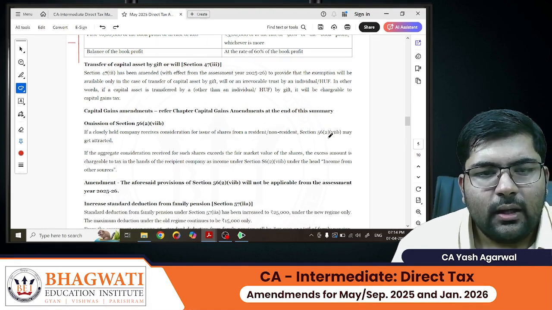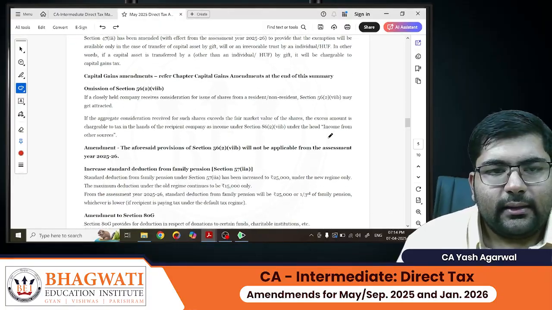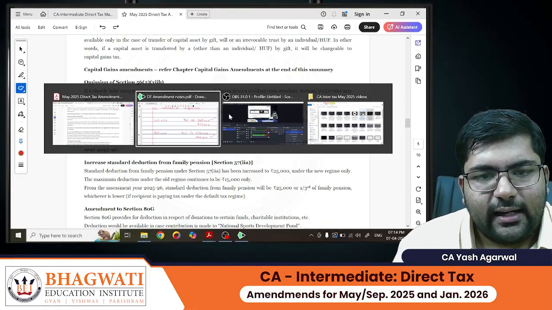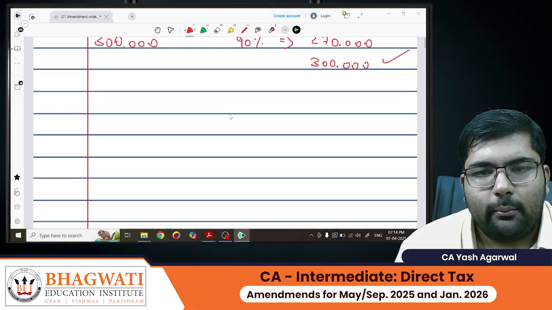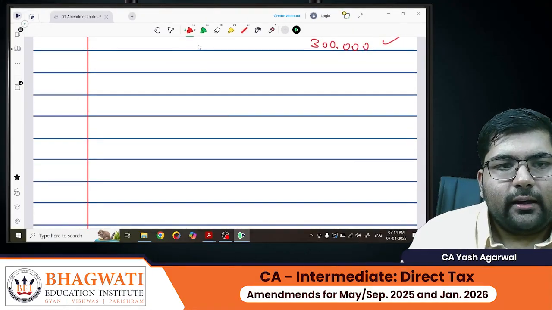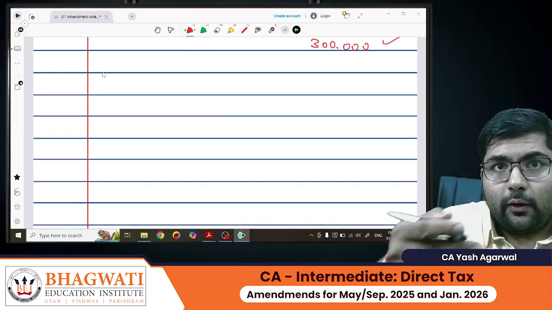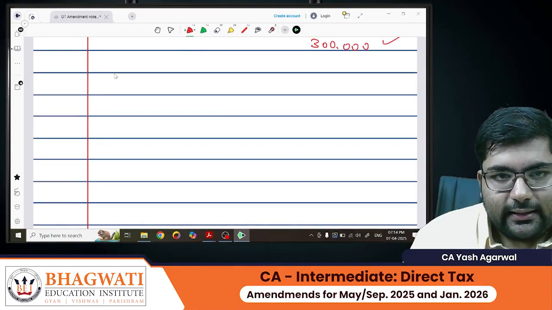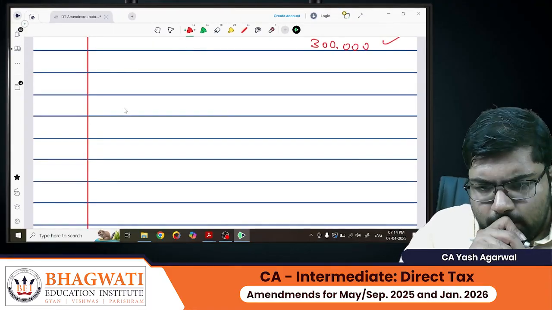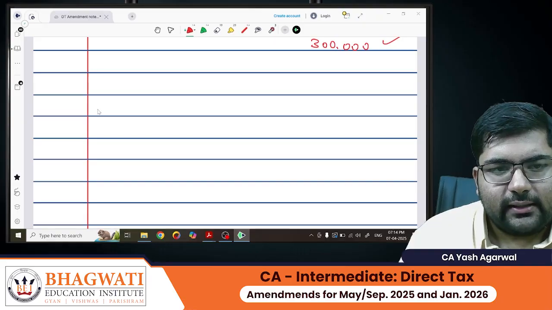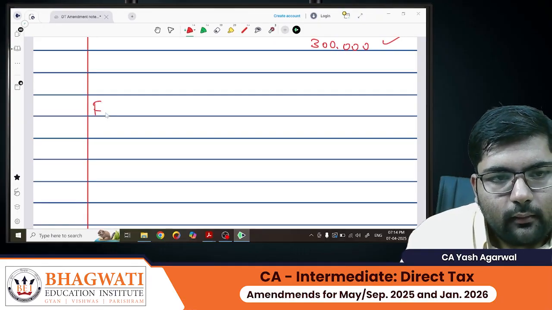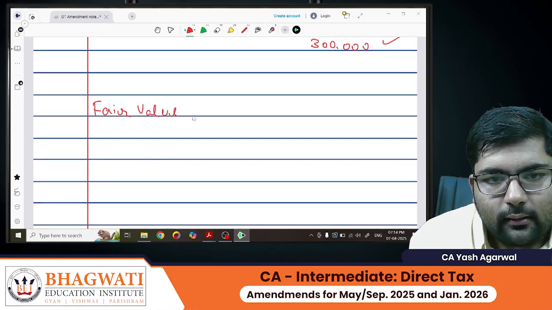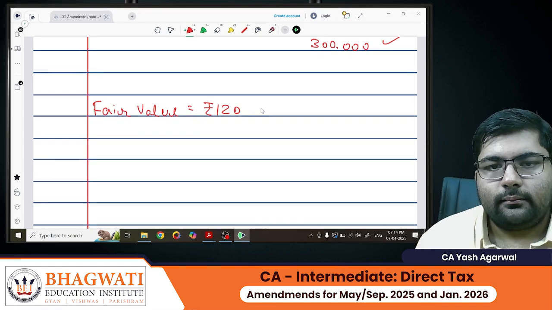Okay. 56(2)(viib). If you remember, there was a section which said that if you have a closely held company and the closely held company makes a fresh issue of shares, then this company would have to first get the fair value of its shares determined. The fair value was determined, say, rupees 120.